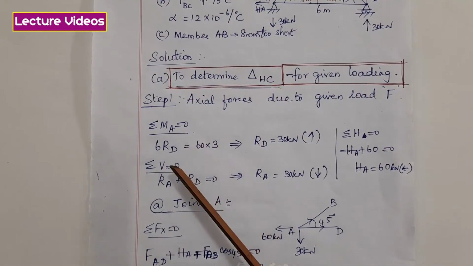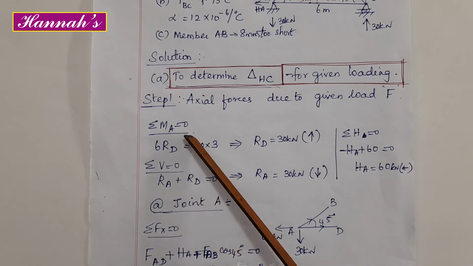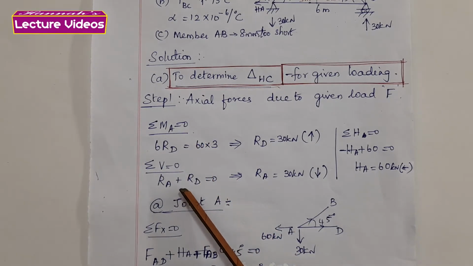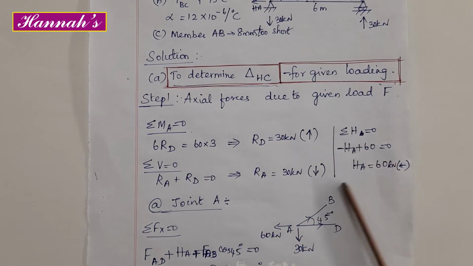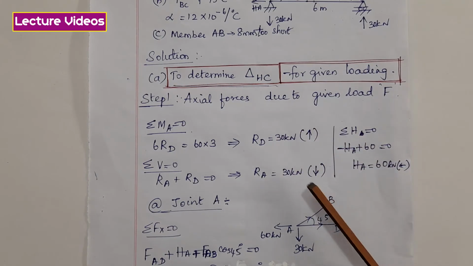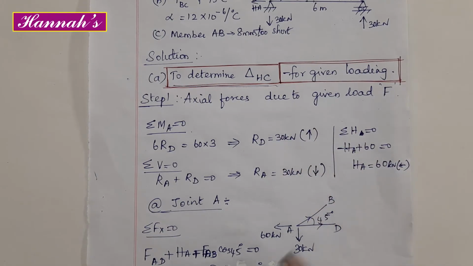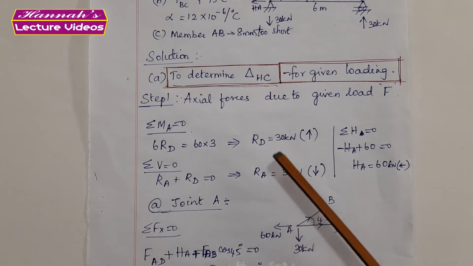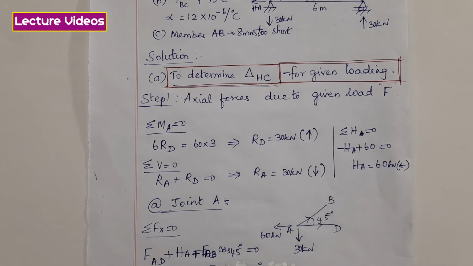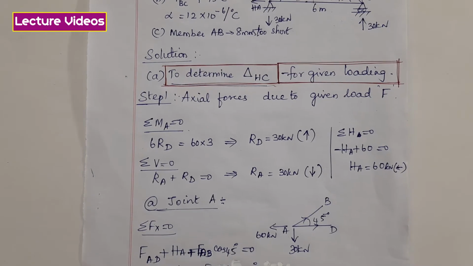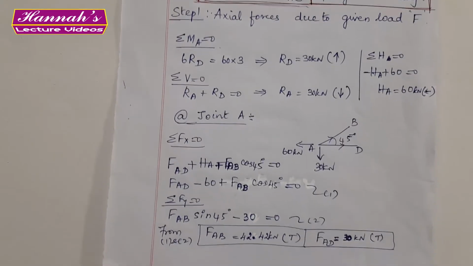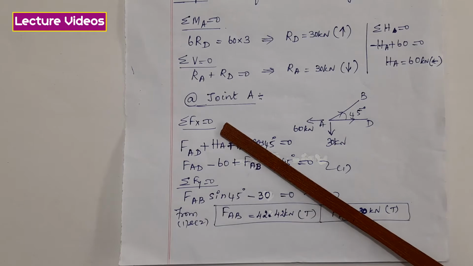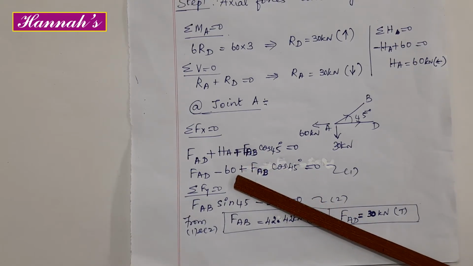Making use of the equilibrium equations, sigma MA equal to 0, sigma V equal to 0 and sigma H equal to 0, we determined the values of the unknowns at the support, that is RA, RD, HA. We make use of these unknowns when that joint is considered for our analysis. Let me start from joint A because there are 2 members coming out from joint A. So 2 equilibrium equations are there, sigma Fx equal to 0 and sigma Fy equal to 0.